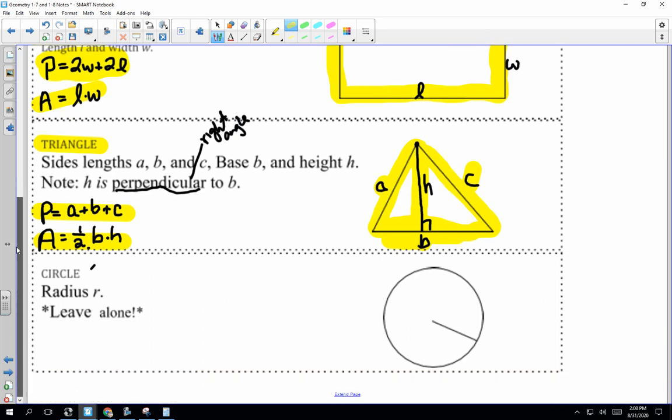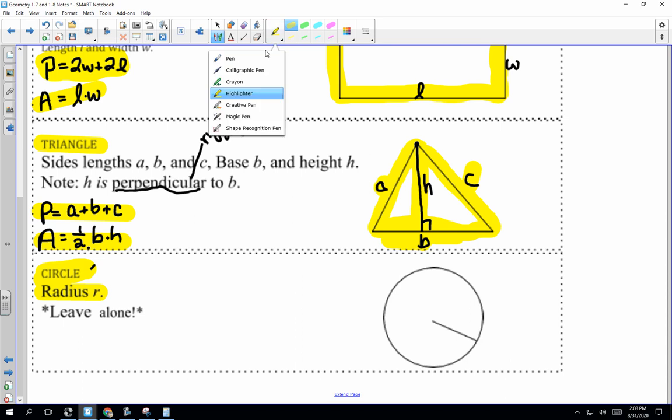Next, we have this guy. He's got no sides. He is a circle. He has a radius. Radius is halfway across the circle. It is the diameter divided by 2.